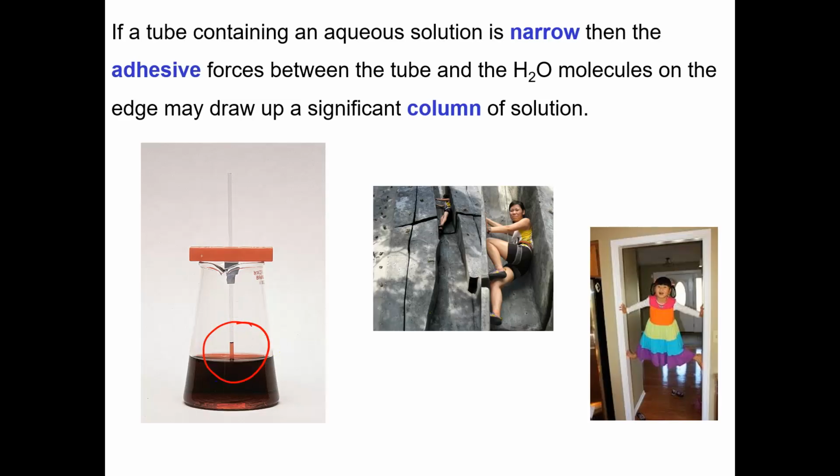This is the same phenomenon that rock climbers use when they climb up what's often referred to as a chimney, where you're relying on adhesive forces between yourself and the walls, and you can rise up as high as you want pretty effortlessly. Little kids are often able to do this, wedging themselves into a doorway. Most adults can't, because they can't create enough attractive force using outward pressure to support their weight. But you might have memories of doing that when you were a kid.